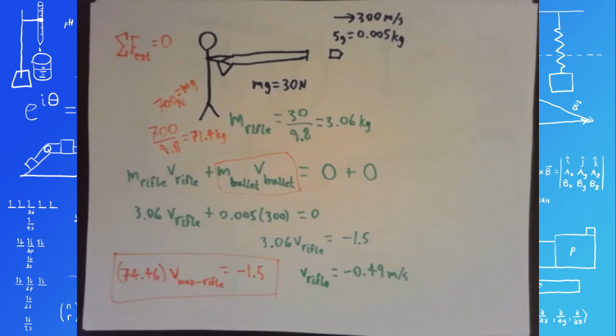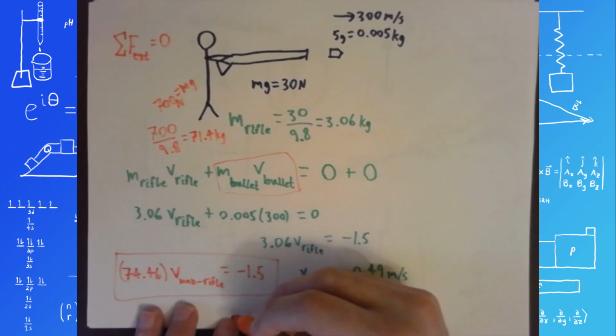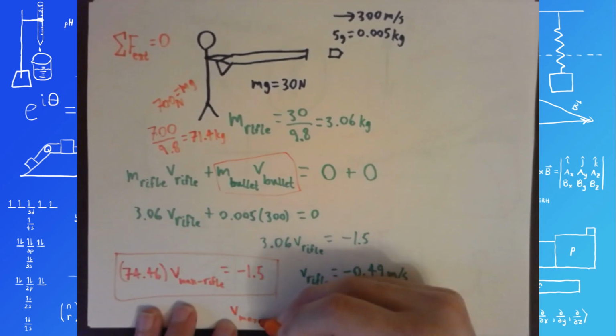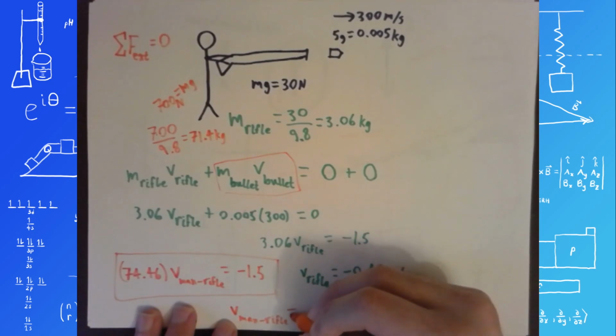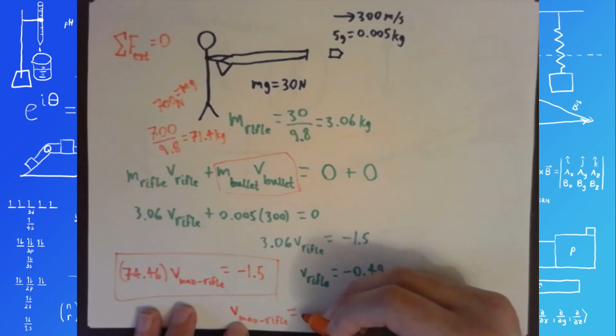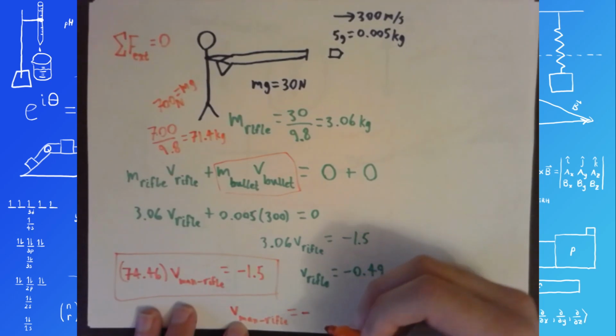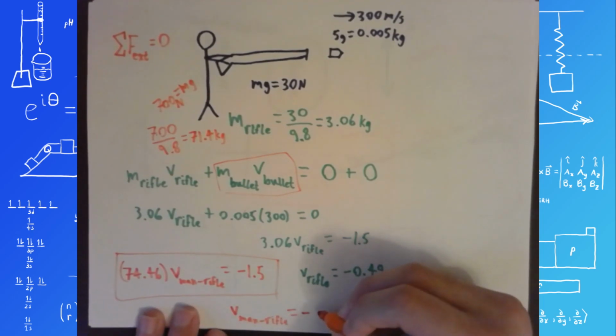Negative 1.5 over 74.46 gives me negative 0.02. V man and rifle. Probably should have come up with simpler names for these variables. Equals negative 0.02.